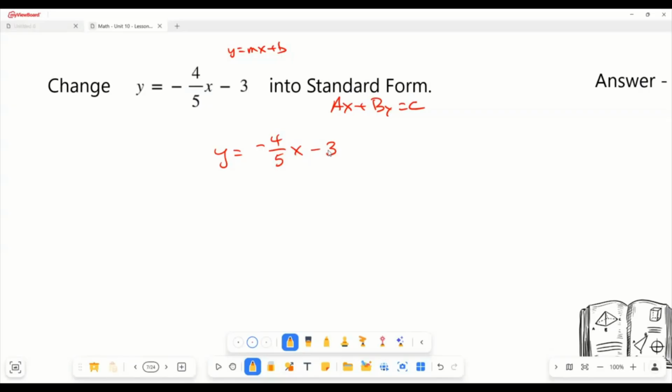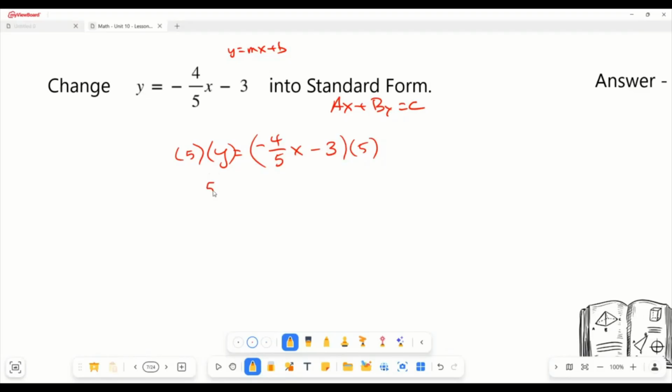The x term is on the right, the y term is on the left. We need them on the same side. We also need to get rid of fractions. I'm going to get rid of the fractions first. The denominator is 5, so I'm going to multiply this side by 5 and this side by 5.